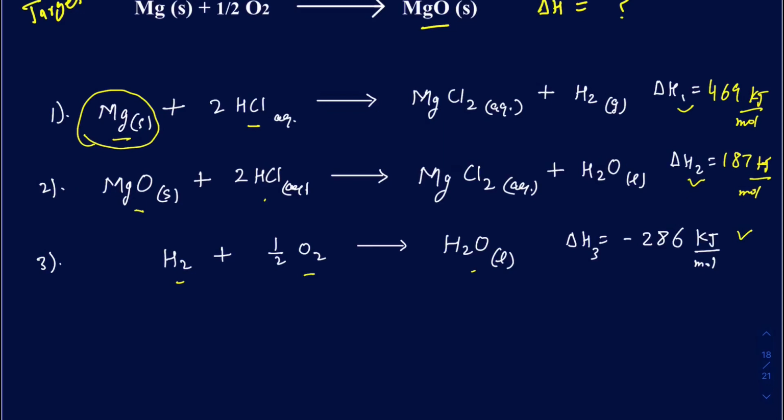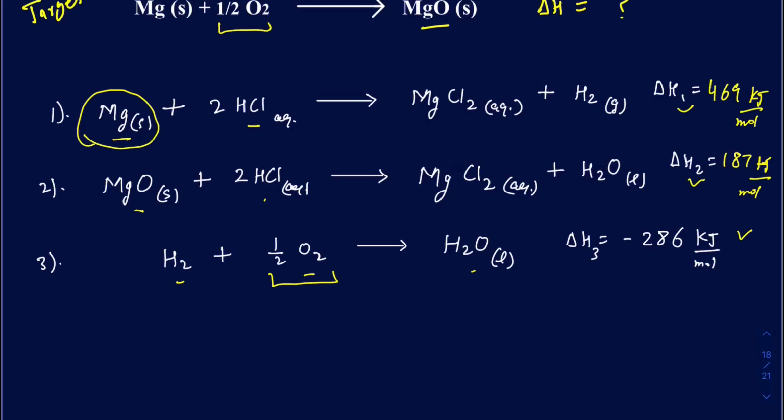You don't want to multiply it by any number either. Now, the second species in my target reaction is half oxygen, and when I go through my three reactions and see where that half oxygen is, it's right there. It's already on the reactant side, and it's already in half, so you don't need to flip it or multiply it by anything.